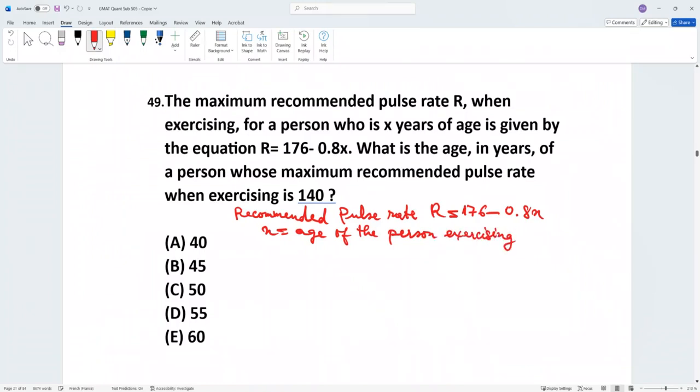So let's find x. The question is to find x when R is equal to 140.